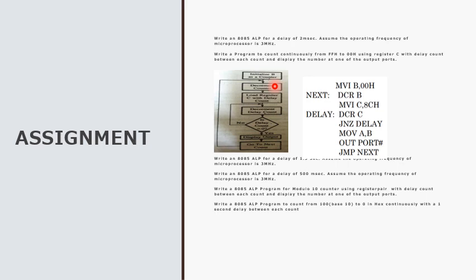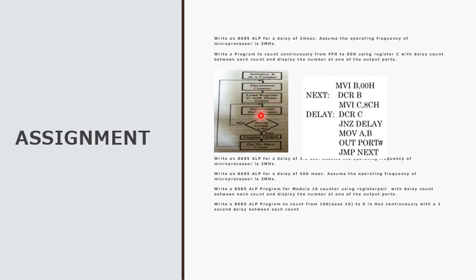After decrementing that counter value, load the C register with the delay count. B register is nothing but the counter value. Since you have been asked to count from FF to 00, that count value is loaded in B register. In order to create delay between each count, the C register is loaded with the delay count value, right?